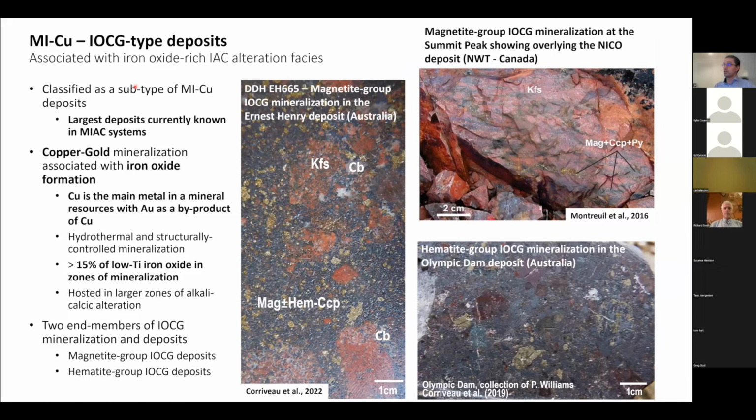They're still extremely significant because right now they're the largest deposits that are currently known in MIEC systems. But in order to classify something as an IOCG deposit, the zones of mineralization must match certain criteria. It's important not to classify everything as IOCG, because not everything is an IOCG.